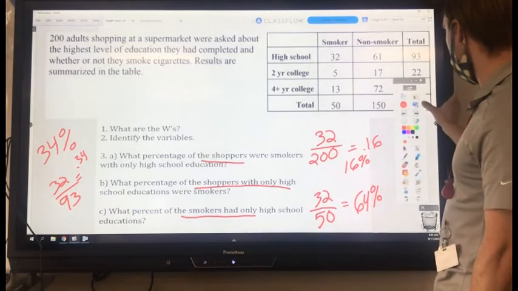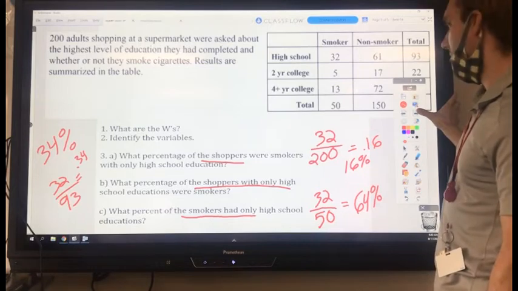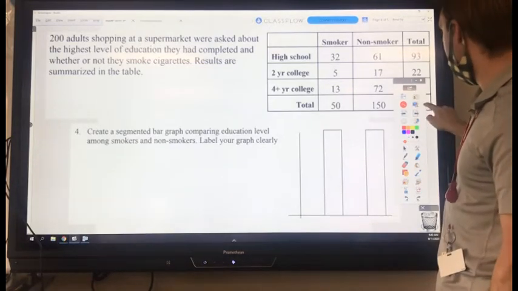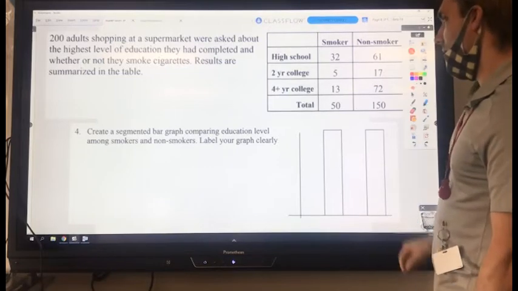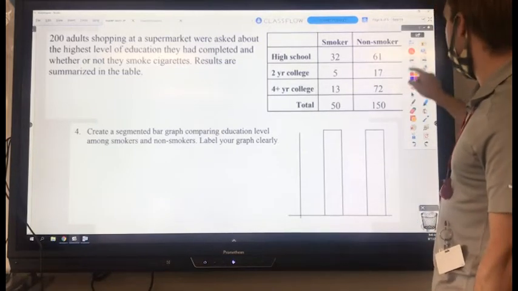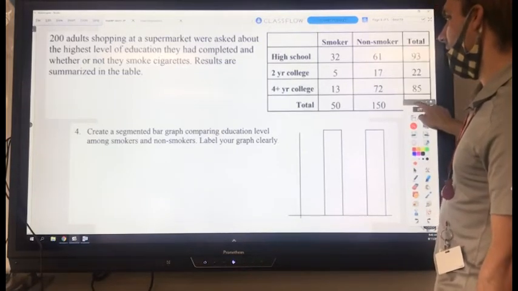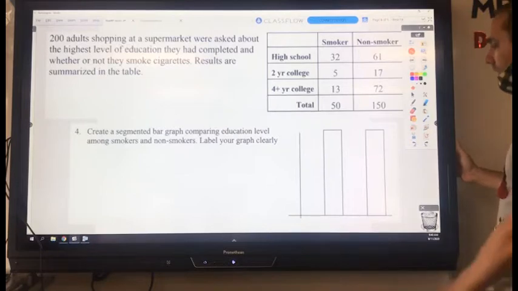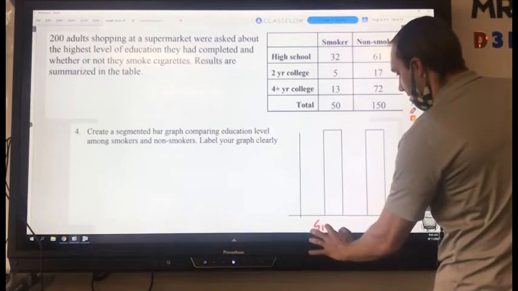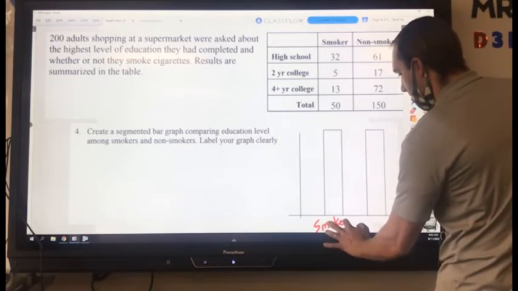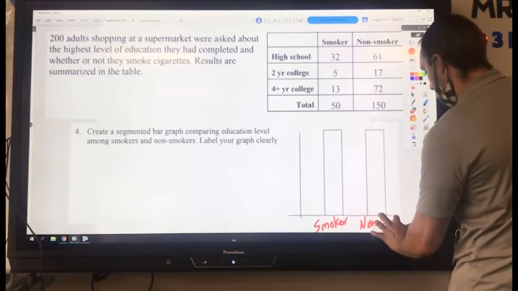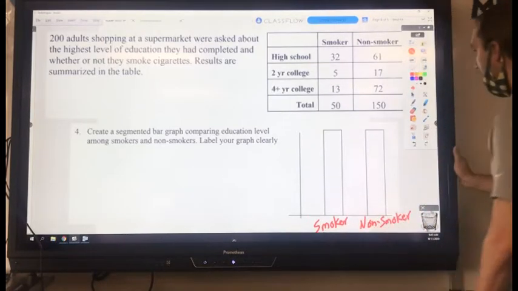Okay. Create a segment bar graph comparing education level among smokers and non-smokers. So if I have smokers here, non-smoker, I'll start this off.